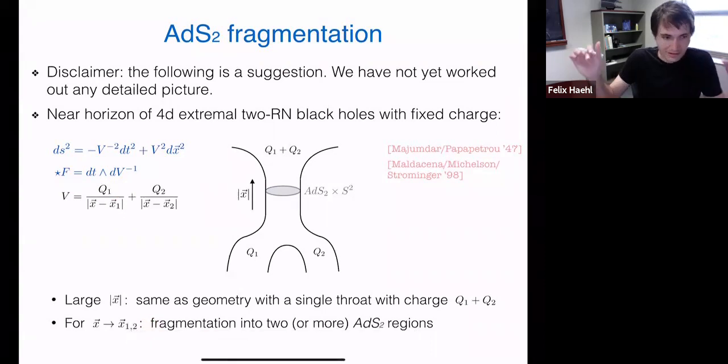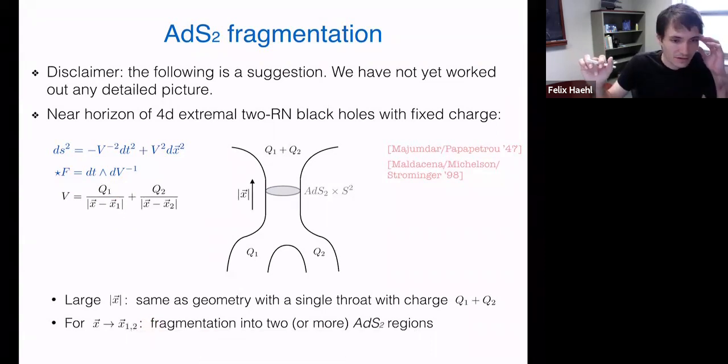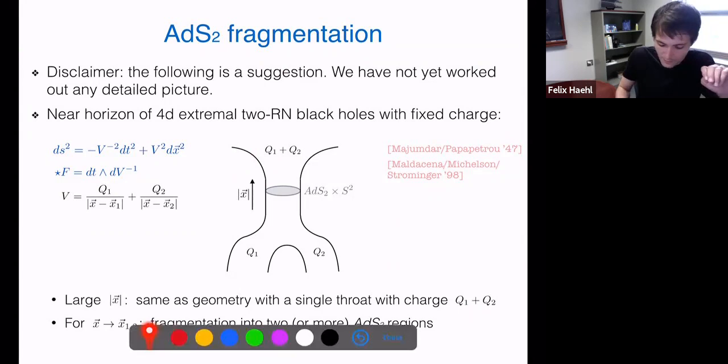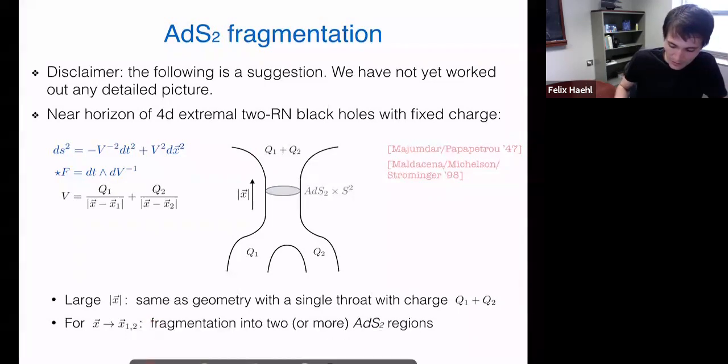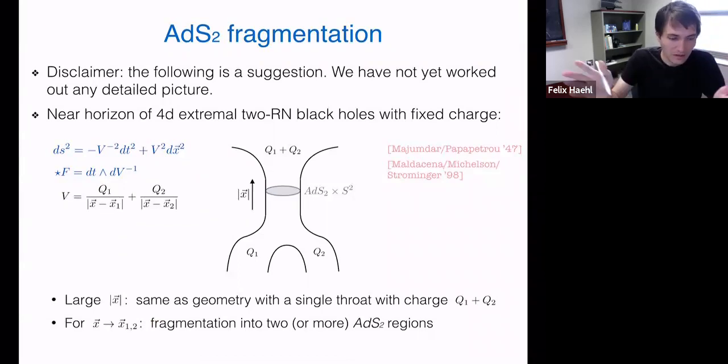Asymptotically, as you make x very large, these geometries look the same as a geometry with a single throat, a single horizon, and a total charge Q1 plus Q2. But as you zoom in and go with x close to x1 or x2, you see that this AdS2 space fragments into several throats associated with these different charges.